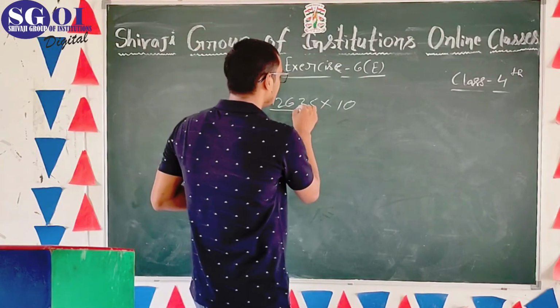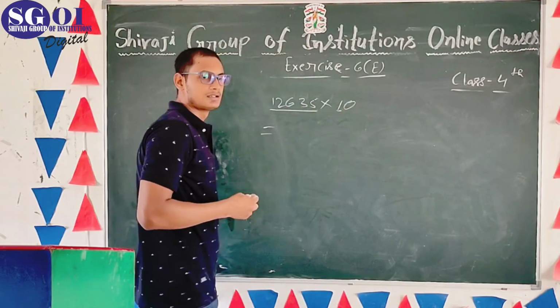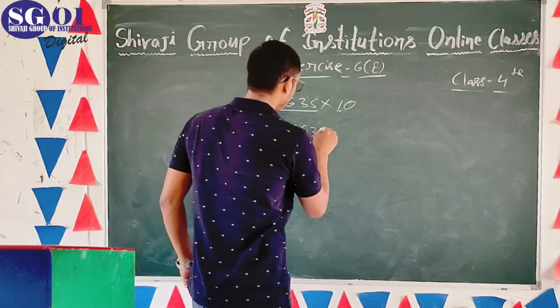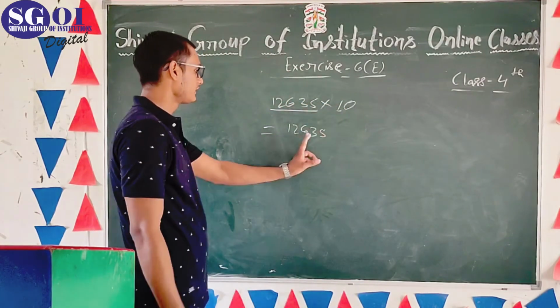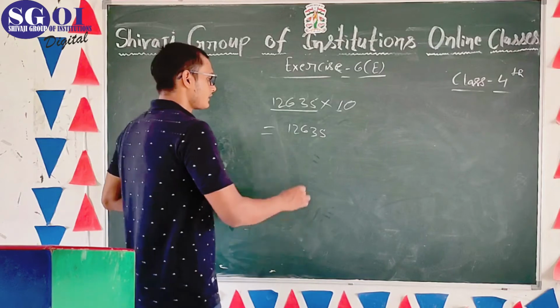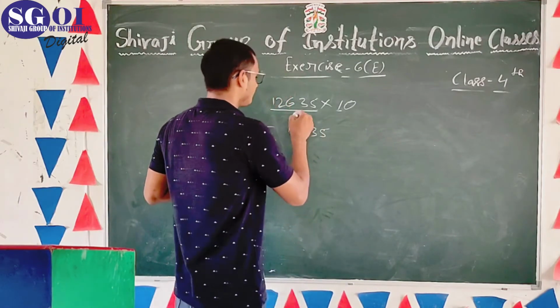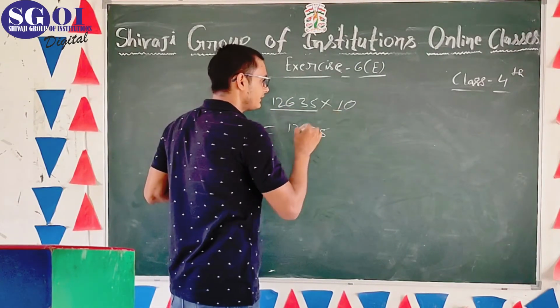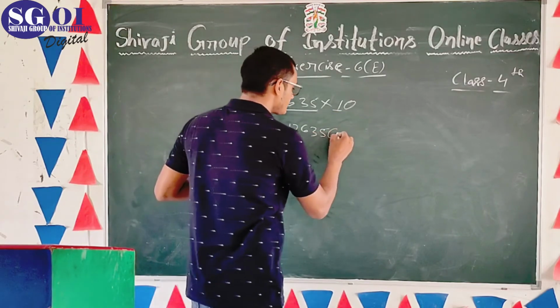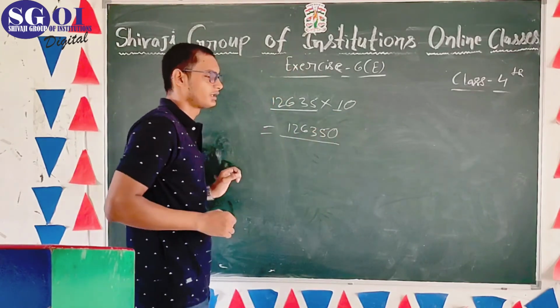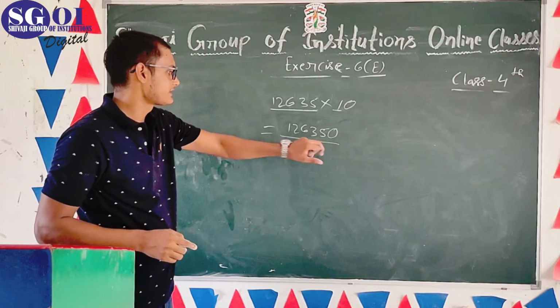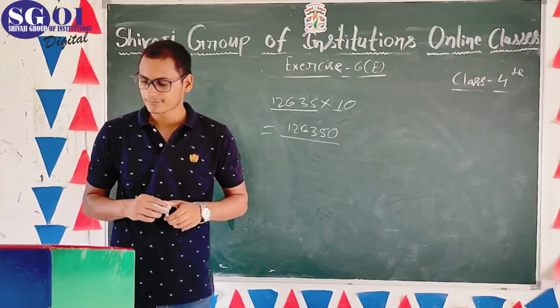So first we multiply this number by 1: 1, 2, 6, 3, 5. If we multiply any number by 1, then we get the number itself. Then we put 1 zero on the right side of the product.